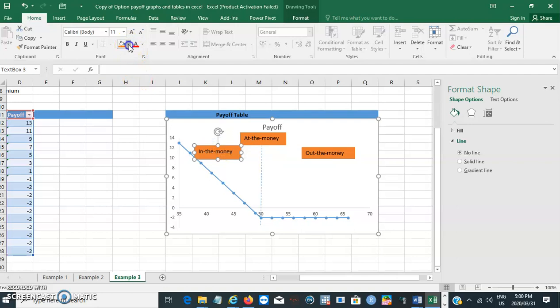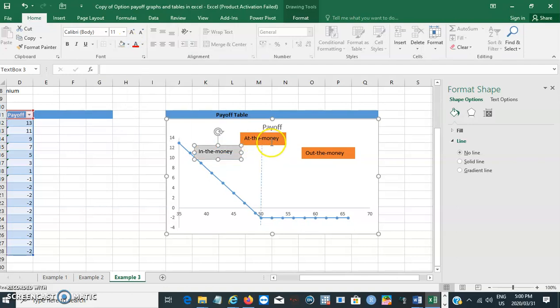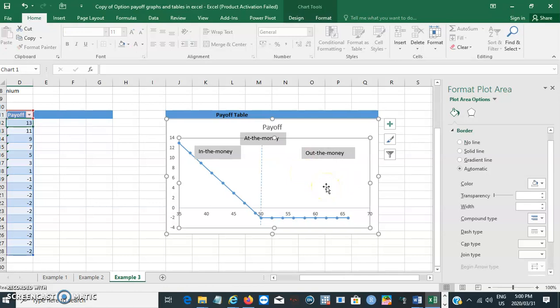Maybe you can turn it to that other color. Yeah, this one is better. You can easily see that it's not so loud. You can easily identify what you want to identify. Then you can do the rest in terms of labeling the graph and so on.